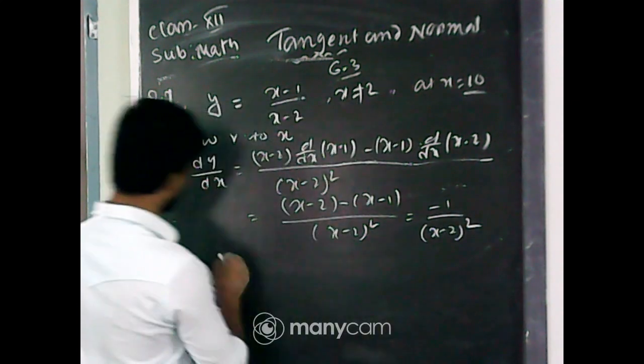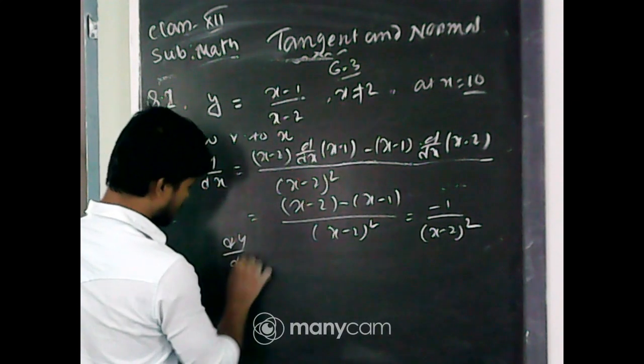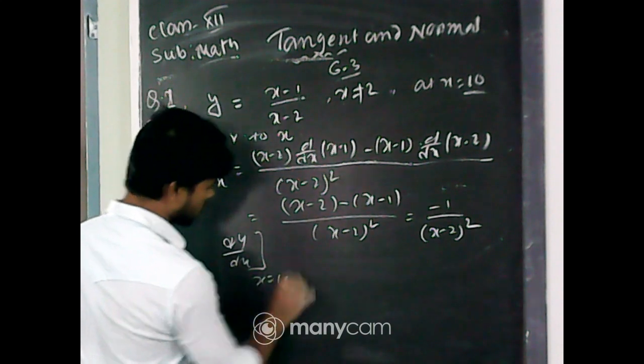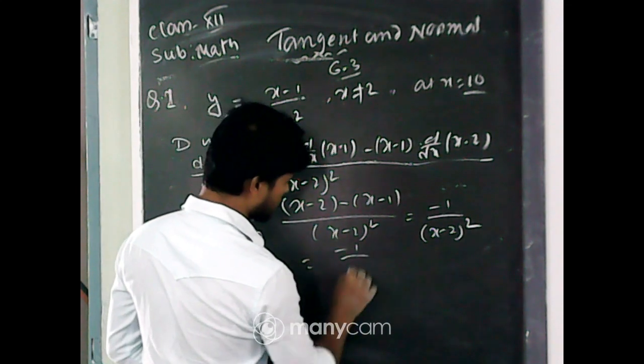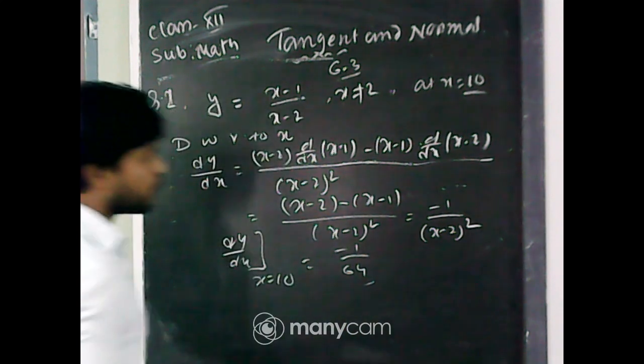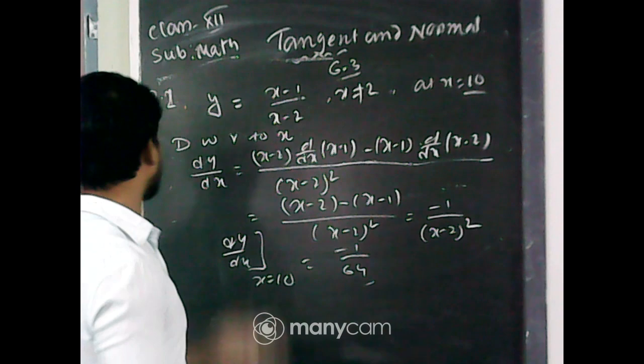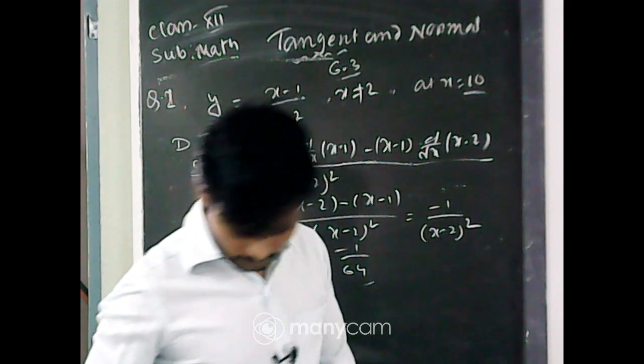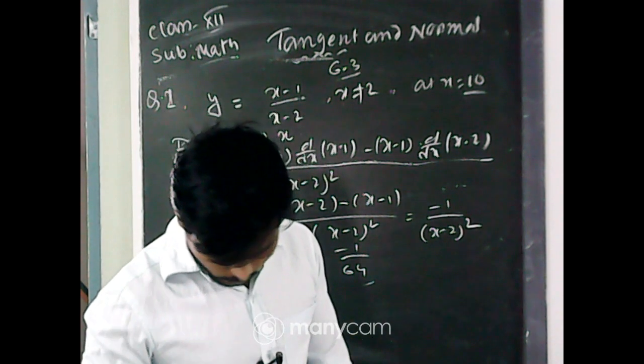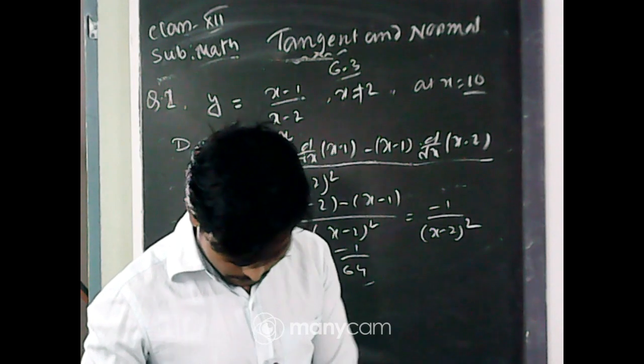Now if I put x equal to 10, dy dx at x equal to 10 will be minus 1 by 8 square, 64. Yes, very good. That will be minus 1 by 64. Very good, Akash. Minus 1 by 64. So question is done. Now we'll solve question number.